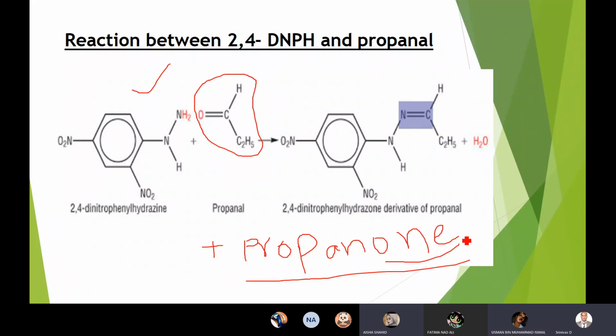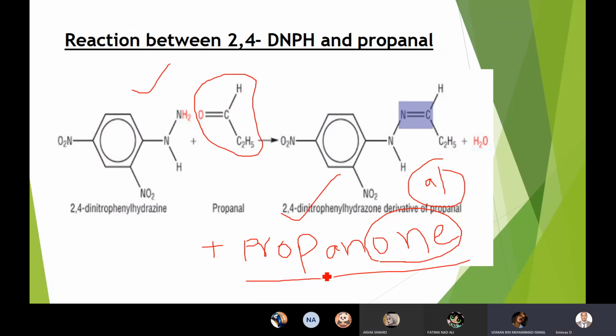The name ends with -one, so sorry, it is a ketone. Please remember, if the name ends with -al, it is an aldehyde. If the name of a compound ends with -one, it is a ketone.